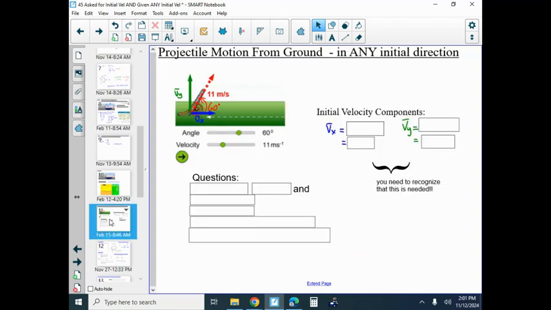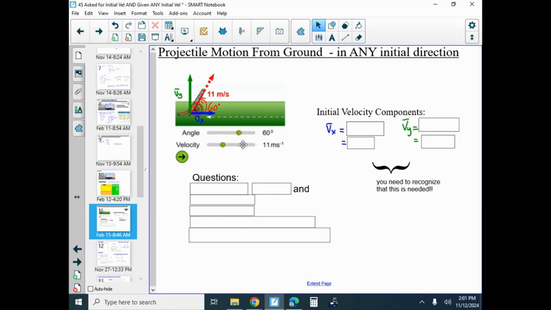All right. So the next level of projectile motion, launching from the ground to simplify things, but any direction possible now. Of course, otherwise you're not going anywhere. If we look at this situation, we've got 11 meters per second at 60 degrees.